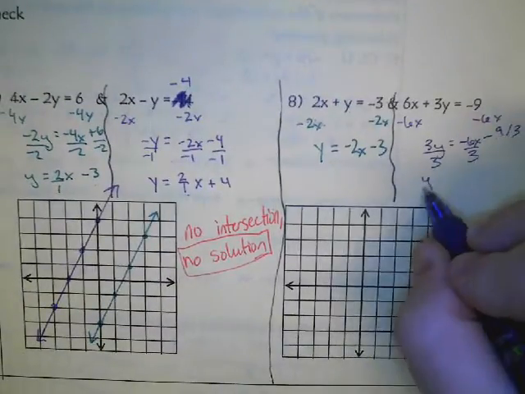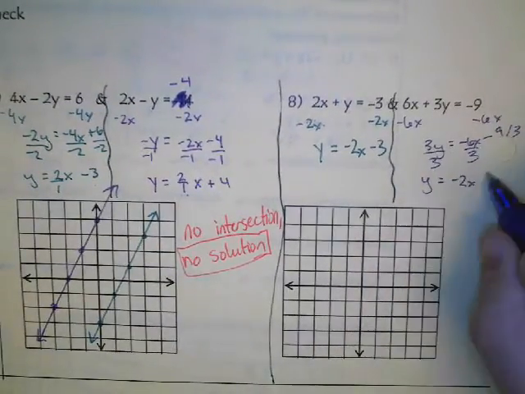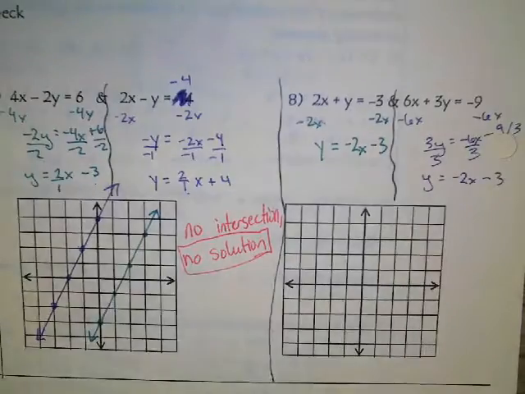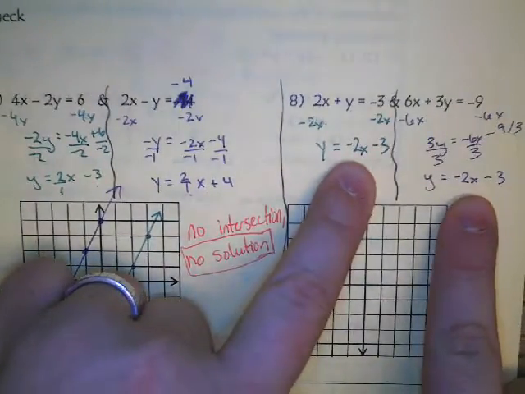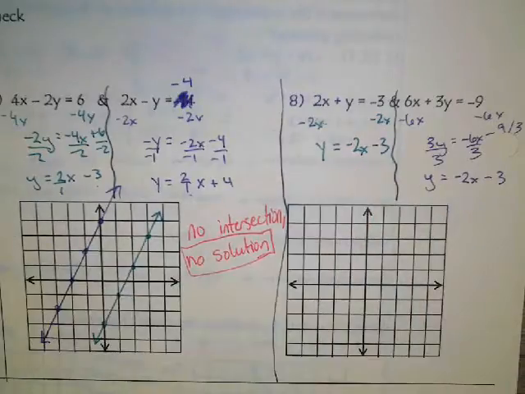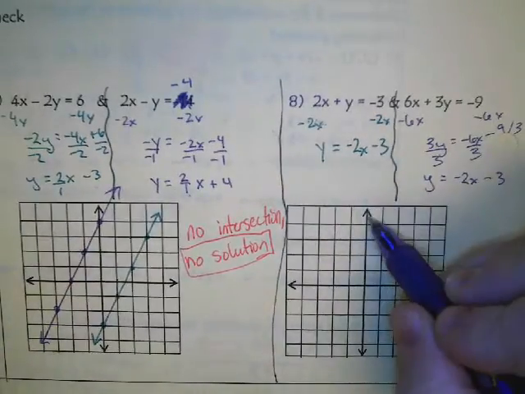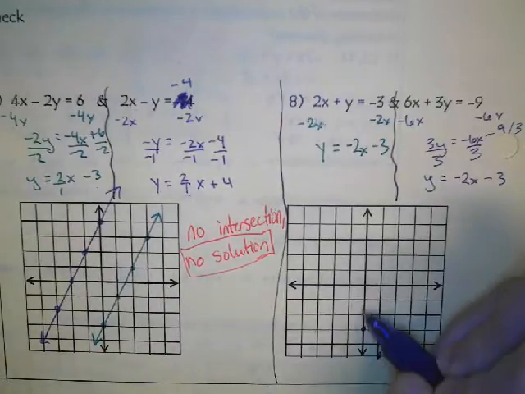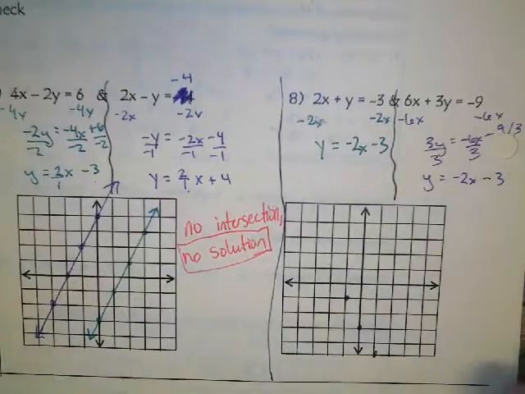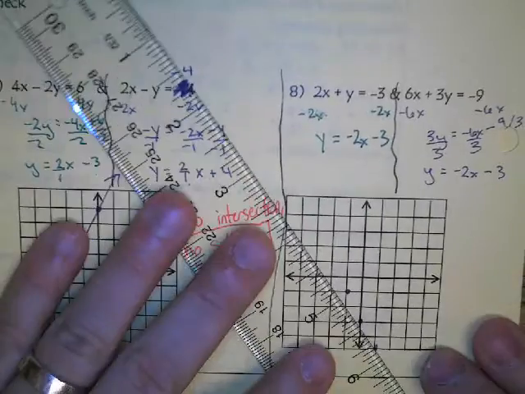And I'll have y is equal to negative 2x minus 3. Now notice the two equations. Now they're exactly the same. So what's going to happen when I graph both of them? Well, they're going to overlap.